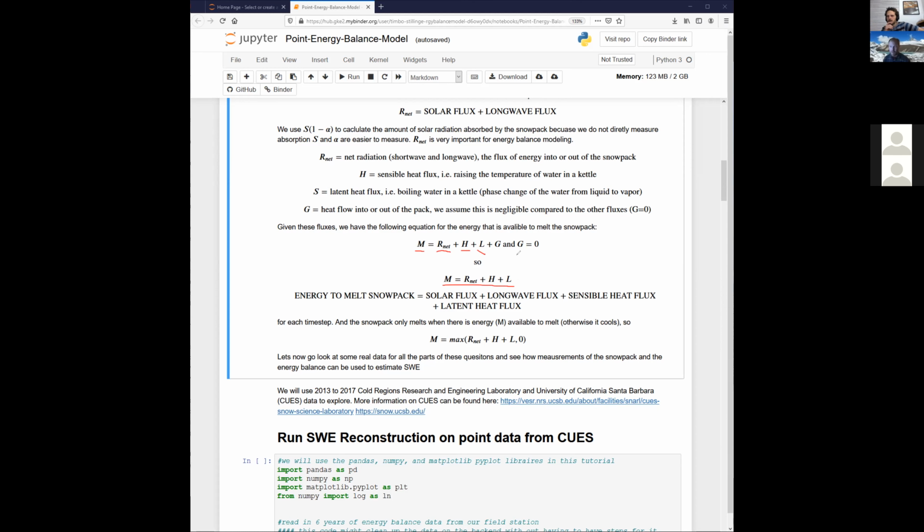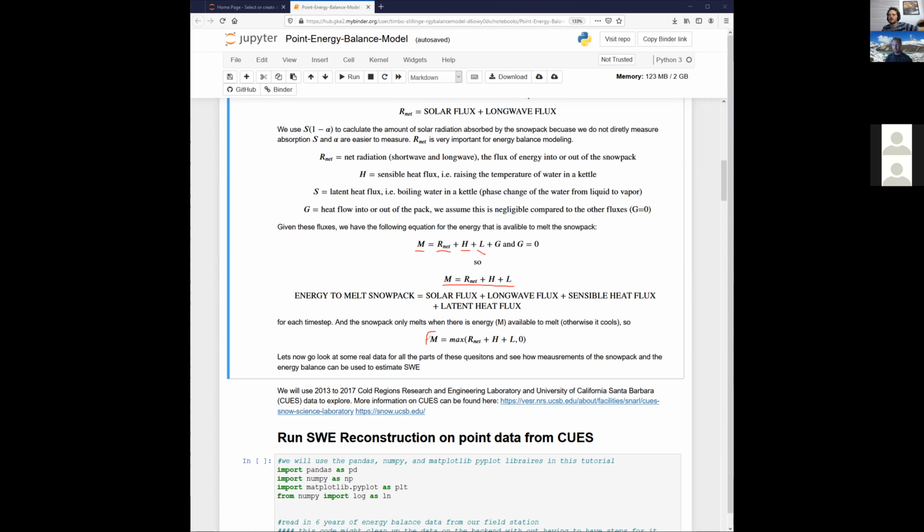And because we're only concerned with melting the snowpack, we only care about when this value is positive. So that's what we have down here in this next equation, where the energy we have available to melt is never going to be less than 0. If the flux of energy into the snowpack is negative, then the snowpack is not melting, and so we're not going to be calculating any melt at that time step.